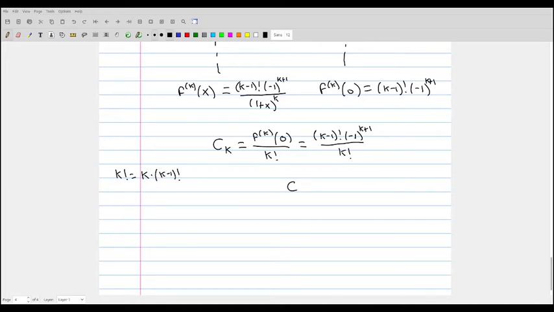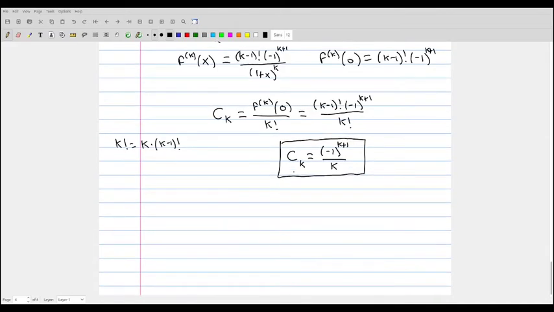When you do k minus 1 factorial divided by k factorial, you're left with 1 over k. No factorial, just 1 over k. So this is the simplified form for the kth coefficient of the Taylor series expansion for the function ln of 1 plus x.